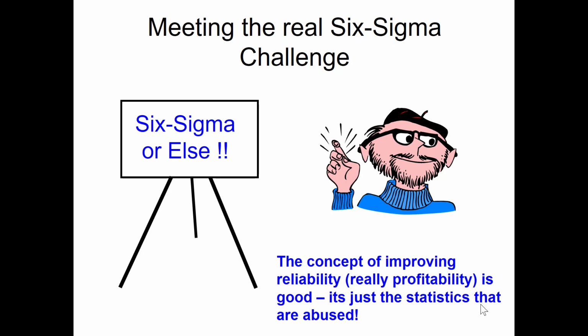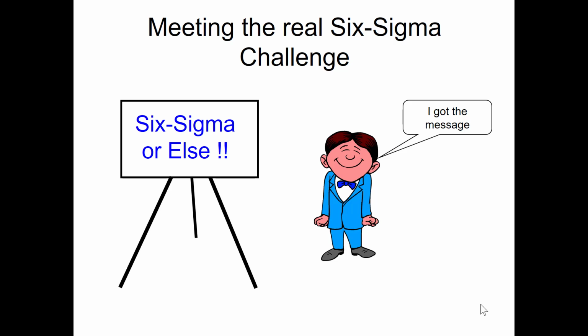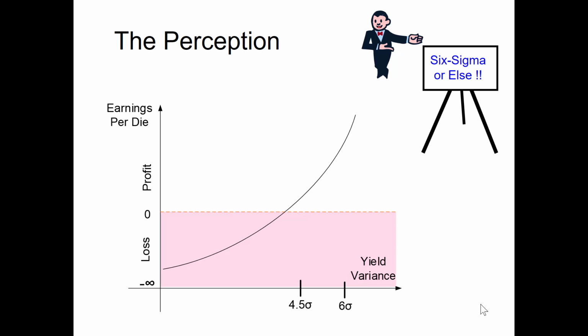They use the name and focus on trying to make the company more profitable by cutting down defects at the right level. So the concept's fine. It's just the statistics are somewhat abused.